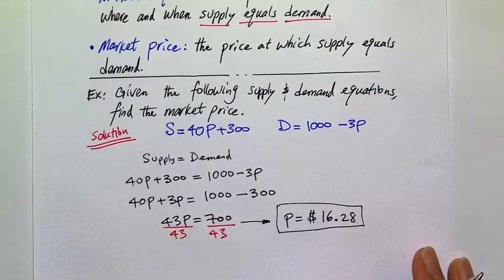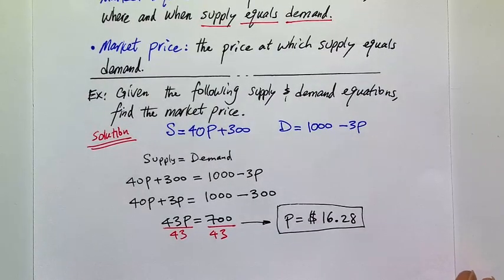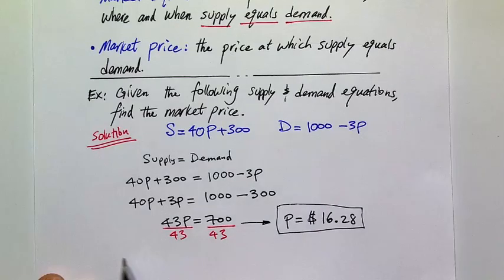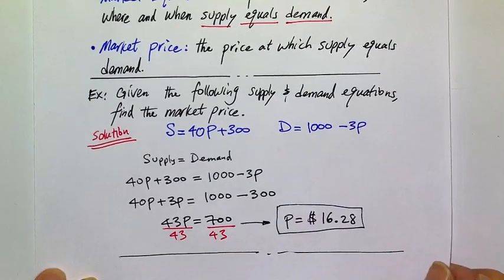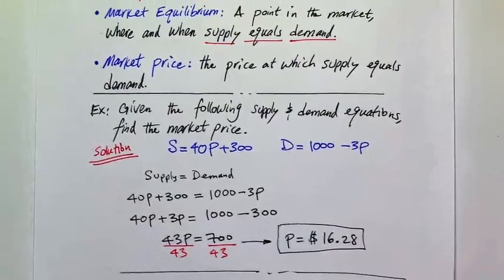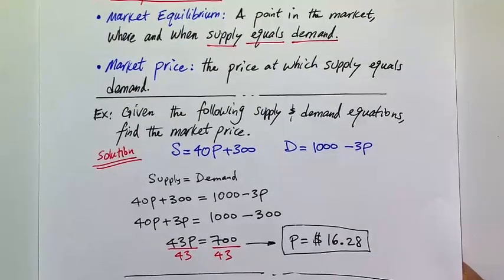So at this price, the amount of products or services that the suppliers are supplying into the market is equal to what the customers are willing to purchase. Okay. All right, I hope that agrees with what you have.